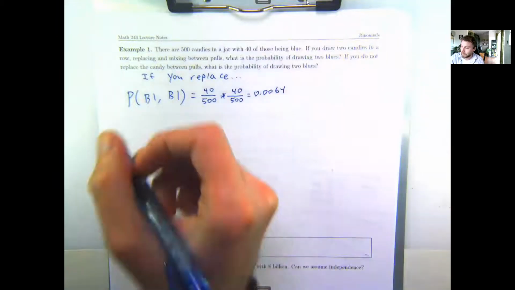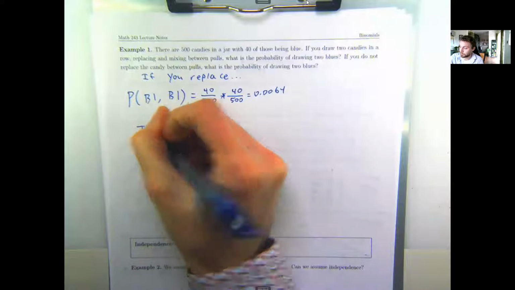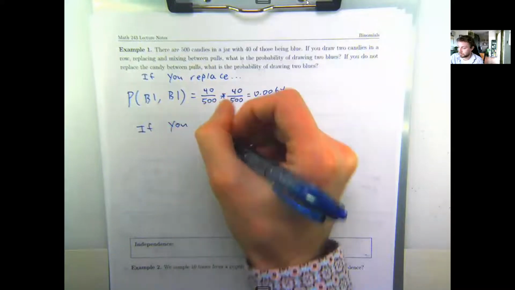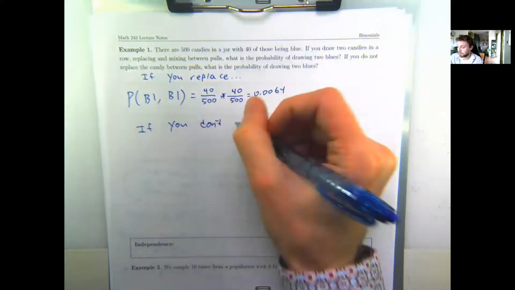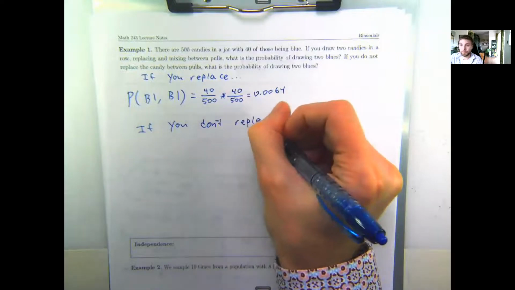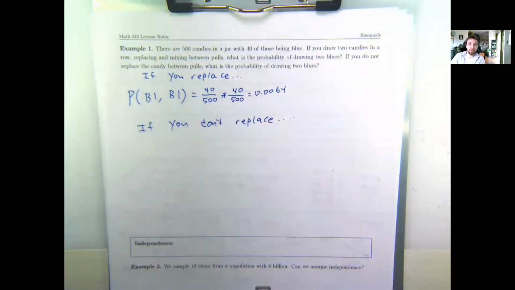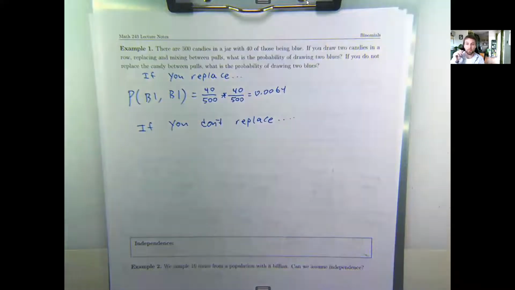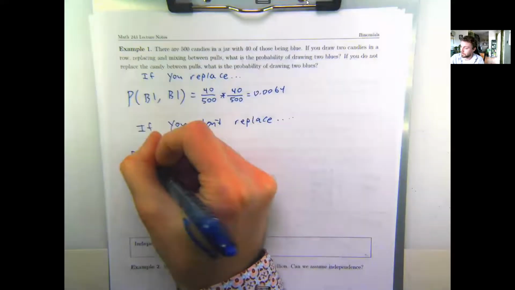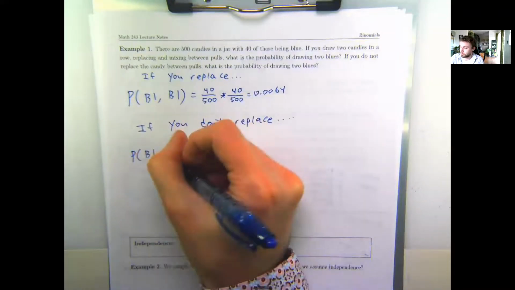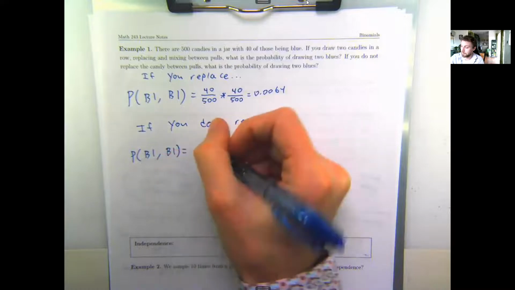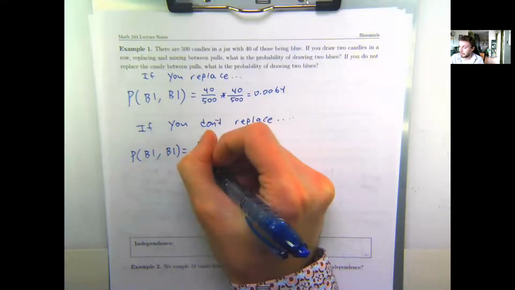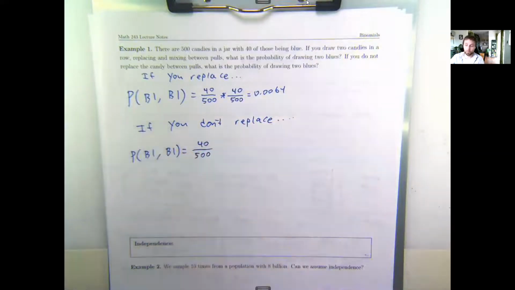Now let's consider what happens if you don't replace. This would be a tree that starts to get kind of messy because those probabilities would change as you pull out those candies, and hopefully get to eat the candy as you go. Blue, blue. 40 out of 500 for the first pull are blue.